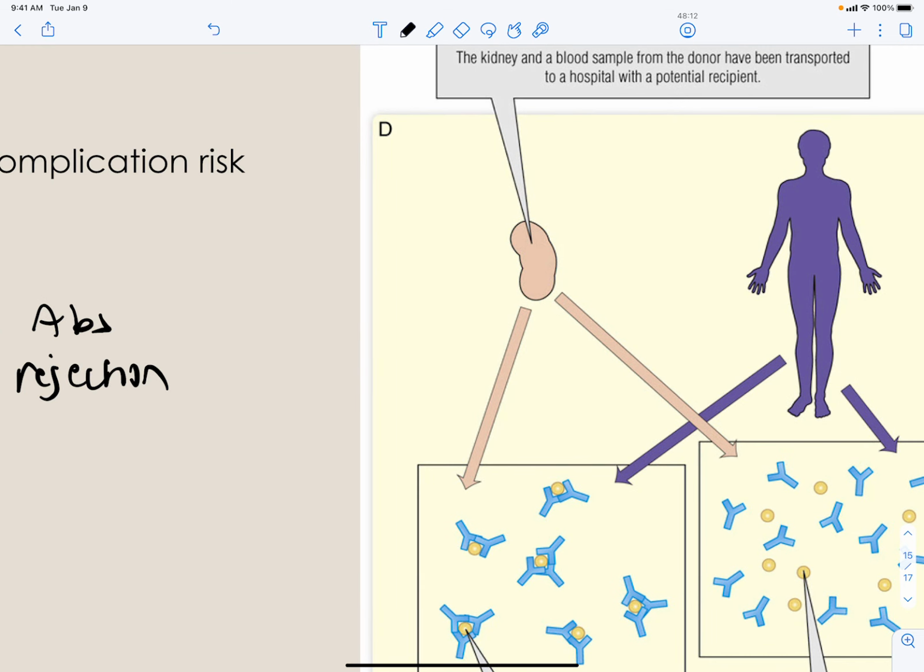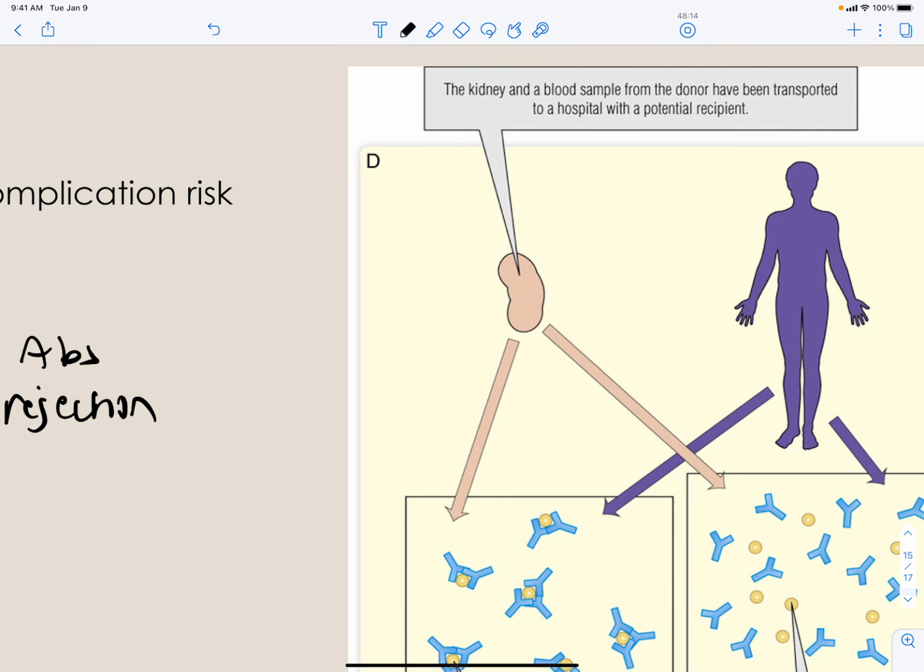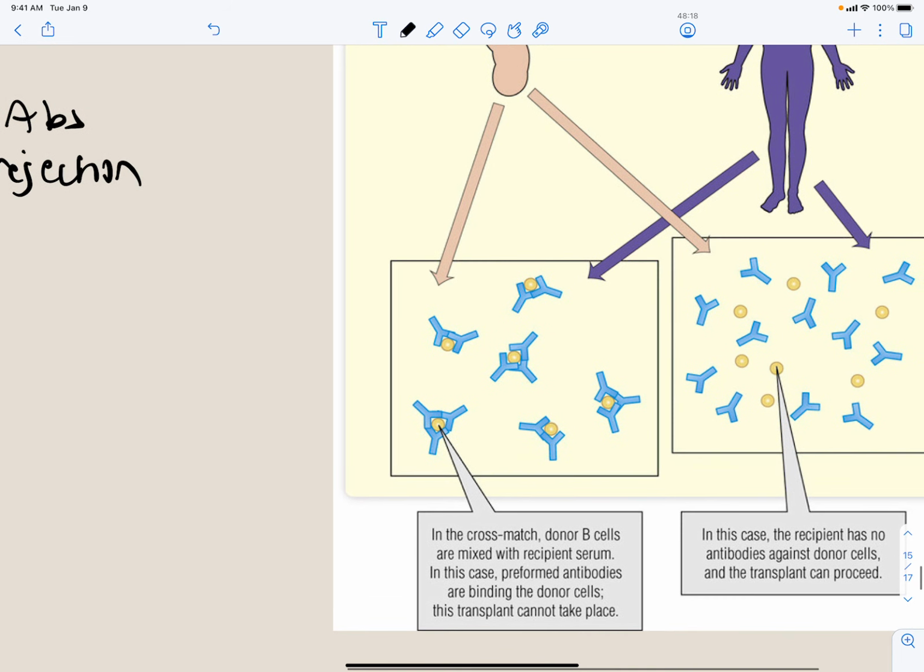Here we have a kidney and a blood sample from the donor brought to the hospital. The donor B cells are mixed with recipient serum. In this case, you have preformed antibodies, and the recipient serum coats the donor B cells, so the transplant will not move forward.